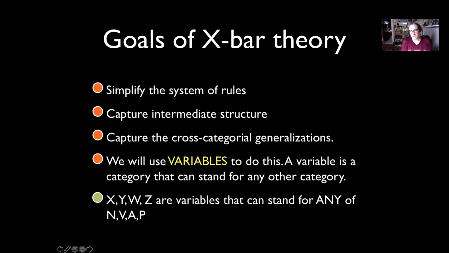So the goals of X-bar theory, believe it or not, are to simplify the system of rules. Those 3 rules apply to every category, and so that's a way of simplifying the system. It also wants to capture that intermediate structure, that idea that when you say, I went to the store, the prepositional phrase is important.